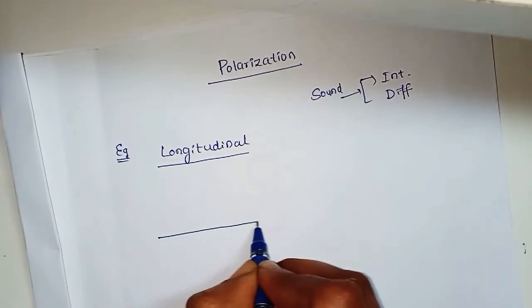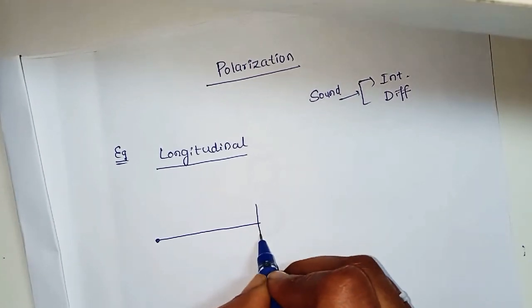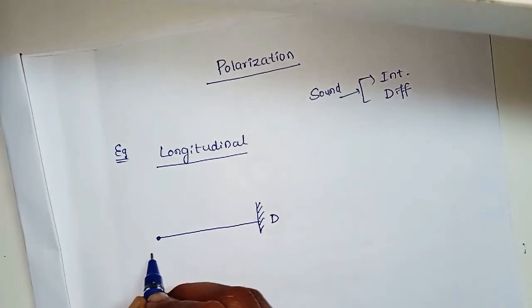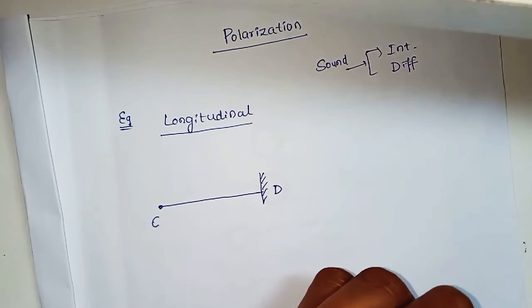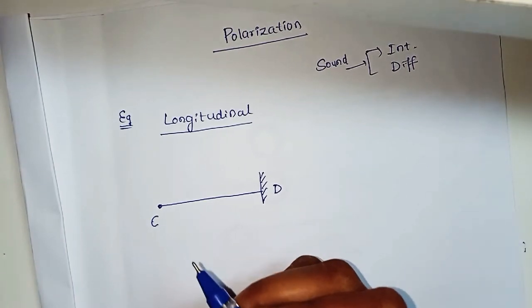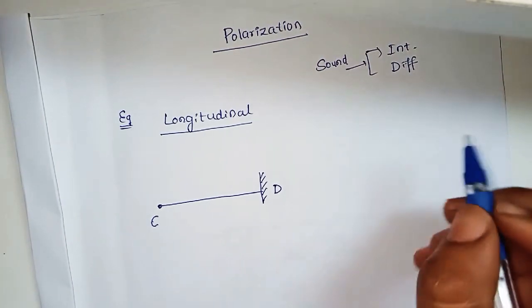I have a string. The string is fixed at one end, that is D. The other end is free, which I can call C. We know longitudinal waves. Then what is the definition of a longitudinal wave?